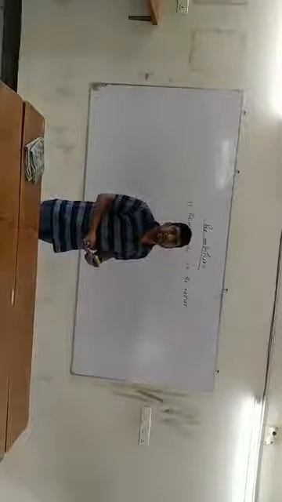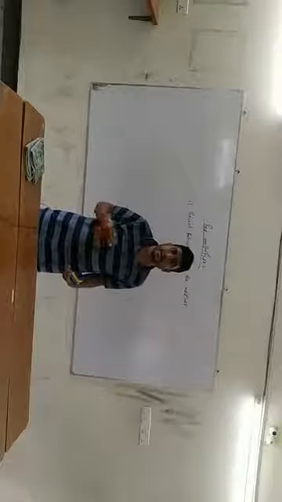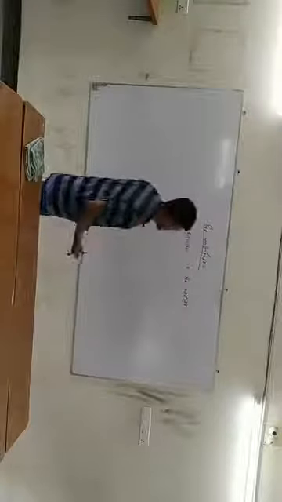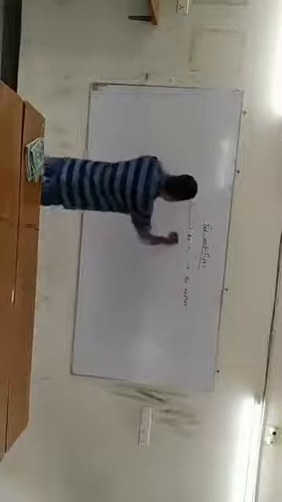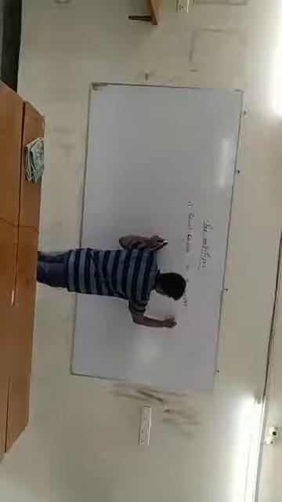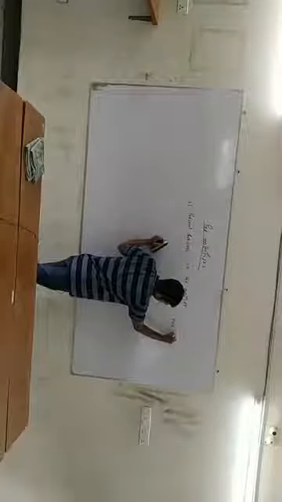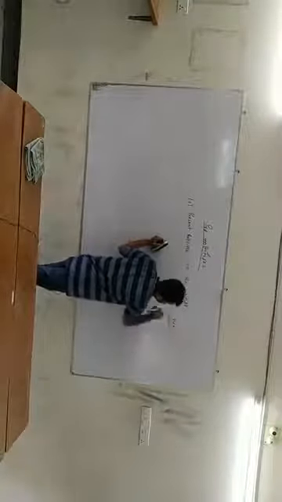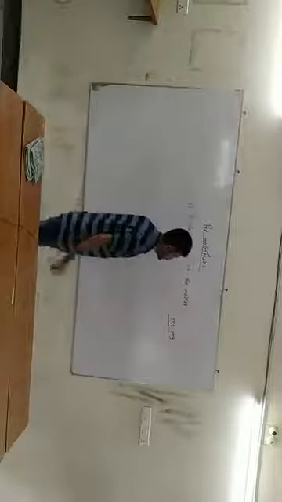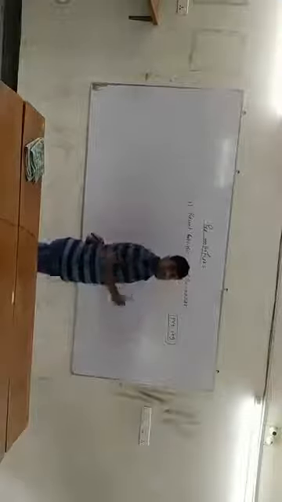First is present participle, second is past participle, third is perfect participle. When your principal verb plus ing comes before the noun, then it will be counted as the present participle.